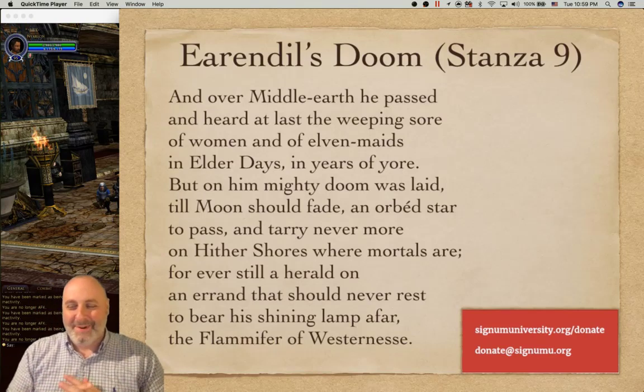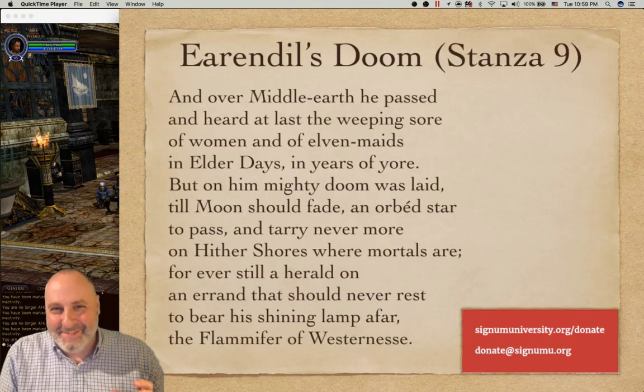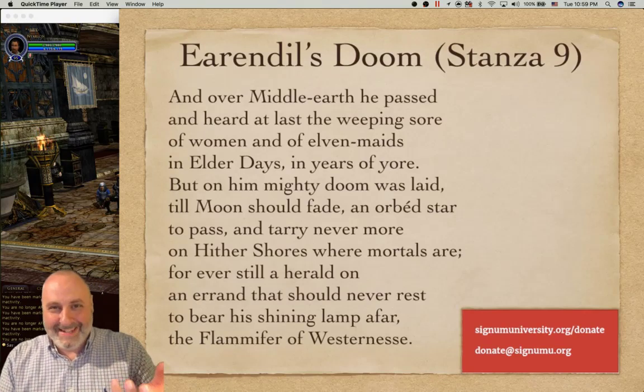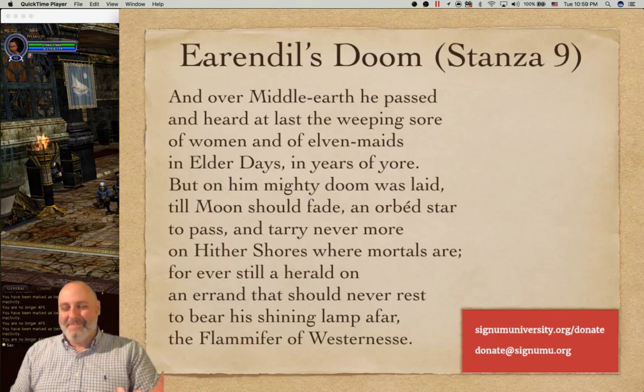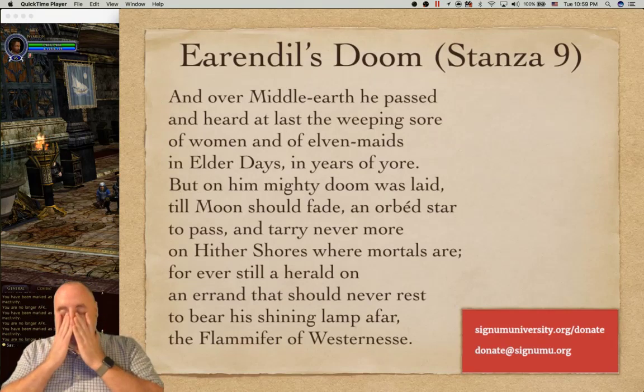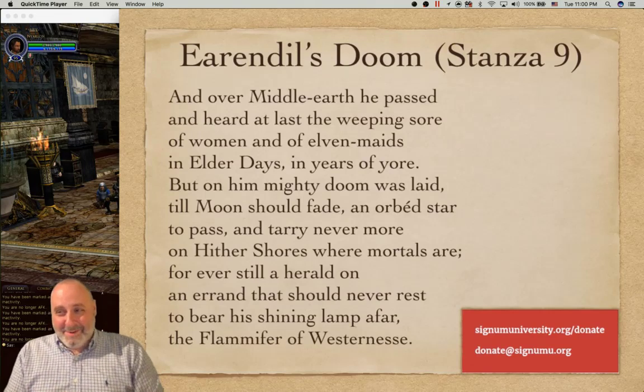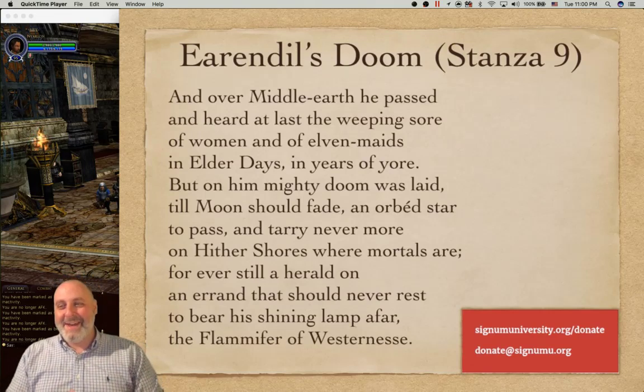Earendil, like Bomber, has grown spectacularly fat. Yeah, I guess Bomber is kind of orbed as well by the end. Oh boy. Yes, that is a most unflattering image.